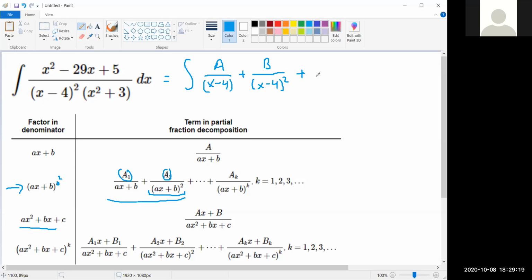We write it into the denominator, but the numerator now needs to be a linear function. So instead of writing C, I write Cx plus D. That's how you set up the partial fractions for this question.